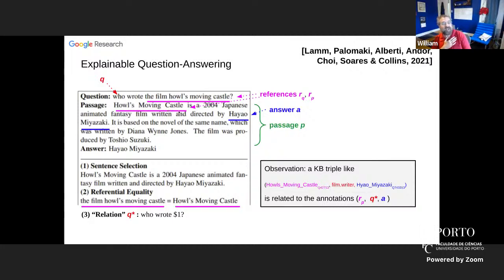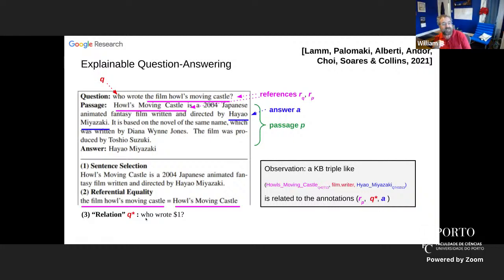Because this is an explanation of this question, we know that Howl's Moving Castle is an interesting entity, and that it's connected to the answer, which is this blue thing. And we know something about the relationship.